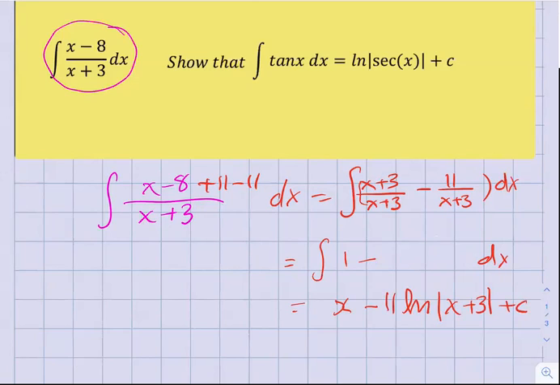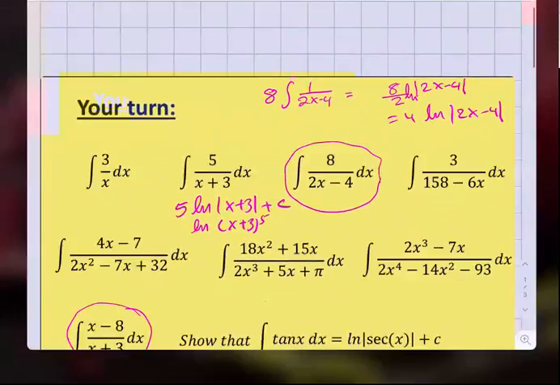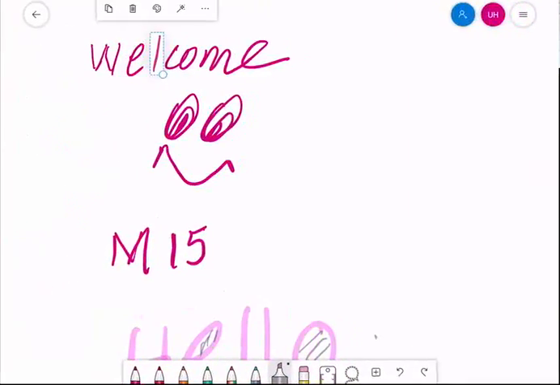And this 11 can go as a power, so this will be x minus ln of x plus 3 to the power 11, plus c. Anyone did this yesterday? Okay, fine. Lovely answer.